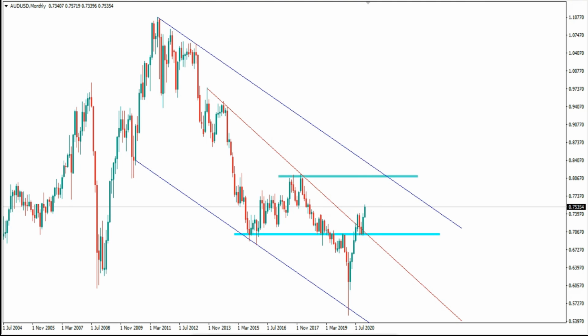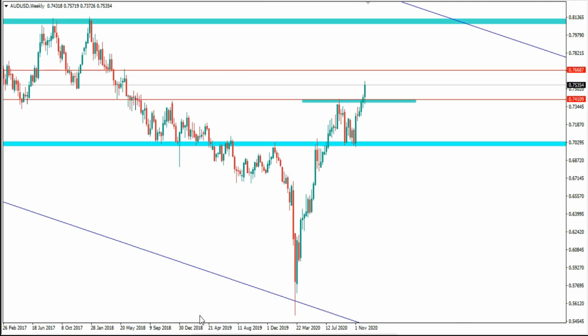So let's see what we have on the weekly time frame. Okay, on the weekly time frame what we can see is that this was the most previous weekly level of resistance we had on this pair, and we can see that 2 weeks ago the price closed marginally above that level. Last week's candle just retested that level before the move upwards.